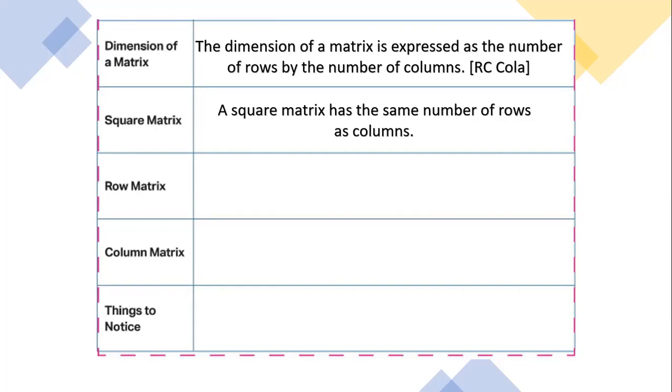All right. Row matrix. So a row matrix has dimensions of R by 1, meaning that there are a certain number of rows, but you only have one column. Does that make sense? Certain number of rows, but you only have one column.